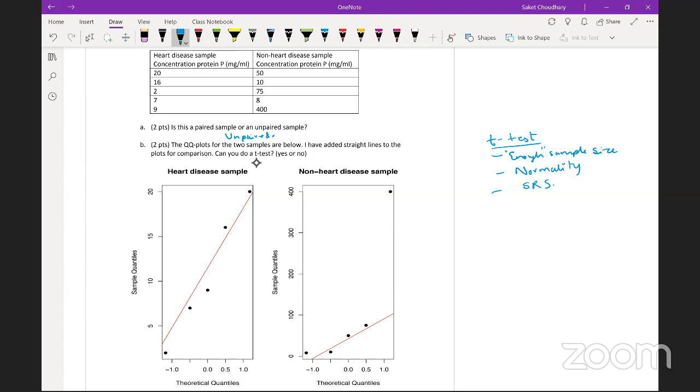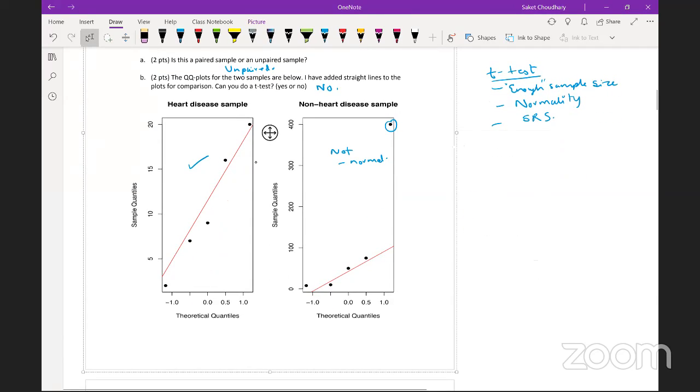Normality should be satisfied for both groups. This one is okay, but this one is not normal, because this particular point deviates a lot from the designated QQ line. Also, 5 samples is a very small sample size to really do a t-test. Hence we can't do a t-test, and one of the reasons is that this particular column is not normal. So we are unpaired and we cannot do a t-test.